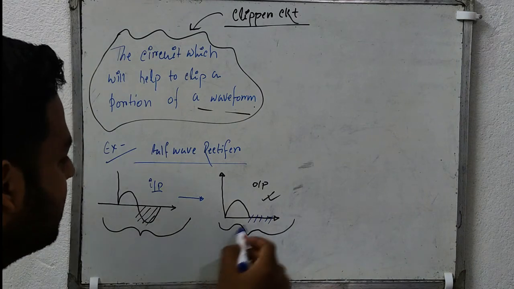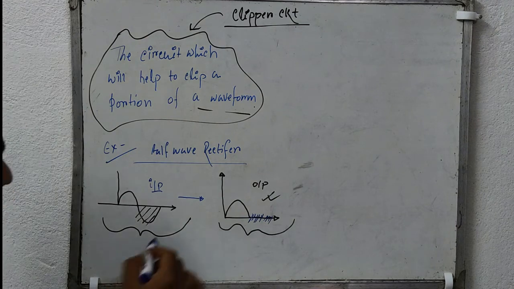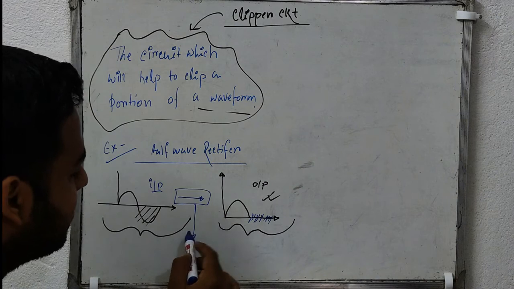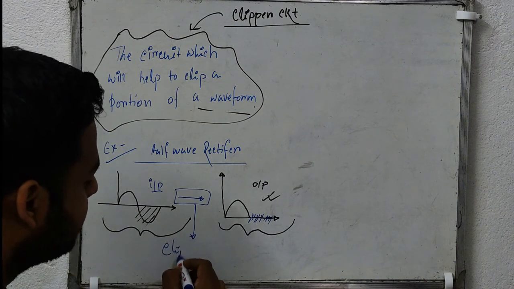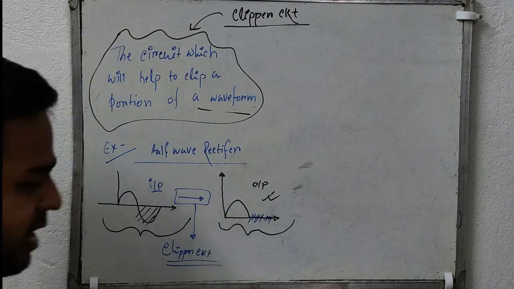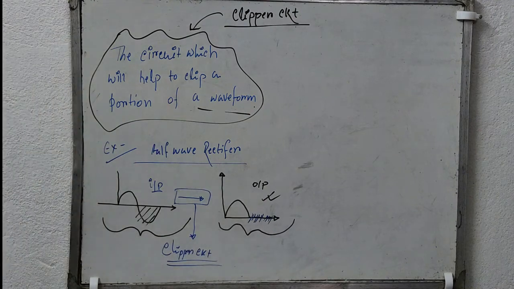So we can say this waveform has been clipped by the clipper circuit that we have used. This is a kind of function. Let me define a diode in a simple way, then we will directly introduce what a clipper circuit is and work through all kinds of examples that exist in clipper circuits.